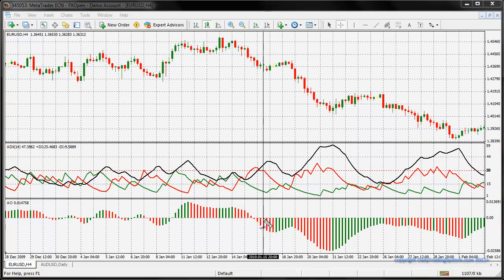So anywhere in between here, you can see that the black ADX line has crossed 30 within those first 3 bars. Let's take a look at this one as well, and that one does really the same thing within the first 3 bars.